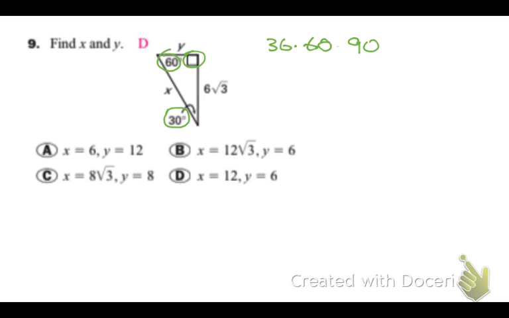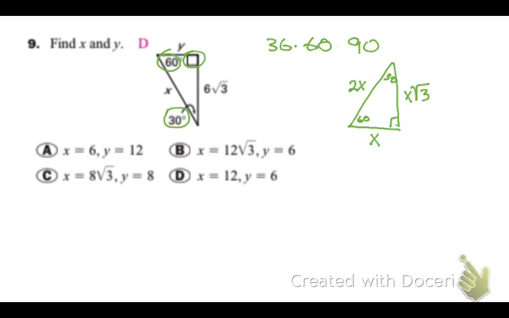So remember the rules for the special triangle are: this is 30, this is 60, here's my 90. My smallest leg is right there. Let's call it x. The length of the other leg is x root 3, and the length of the hypotenuse is 2x. That's our general rule.